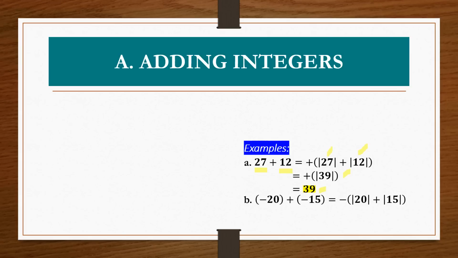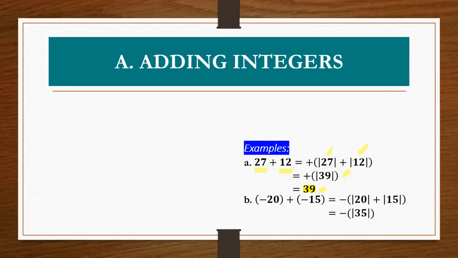For the next example, we are adding two negative integers. Negative 20 plus negative 15. For the solution, we are adding the absolute values of our addends, 20 and 15.